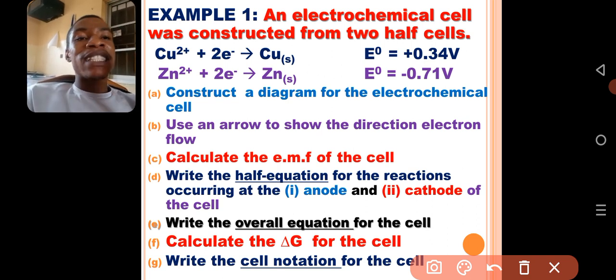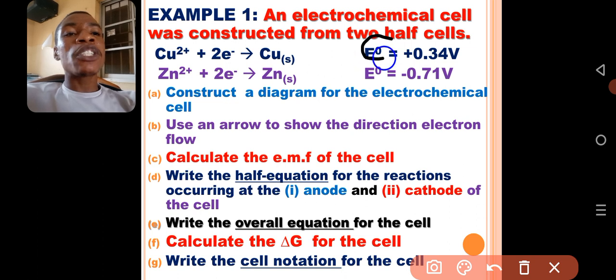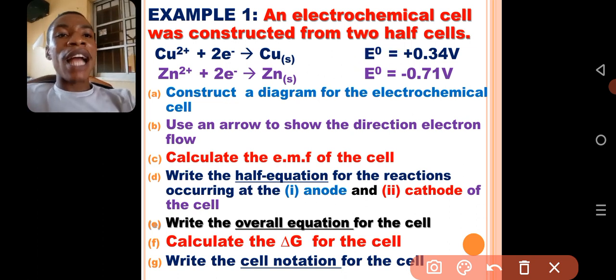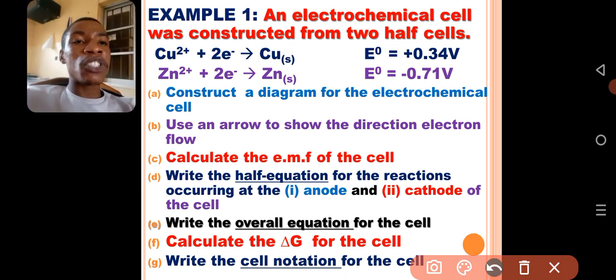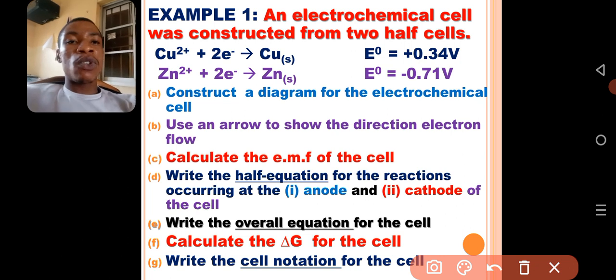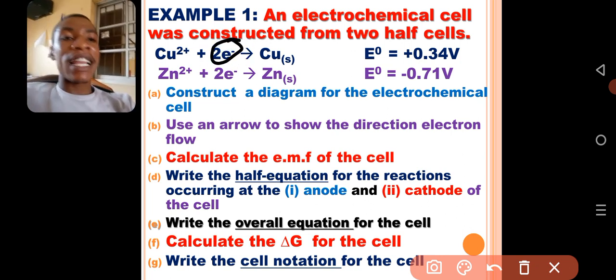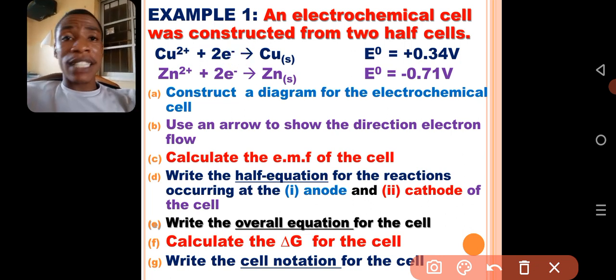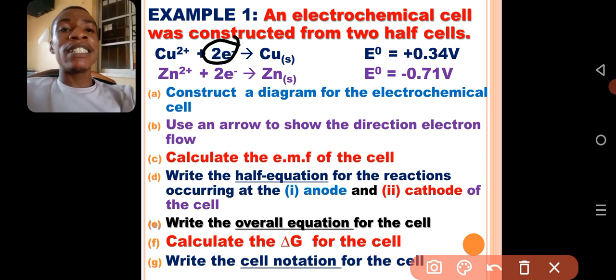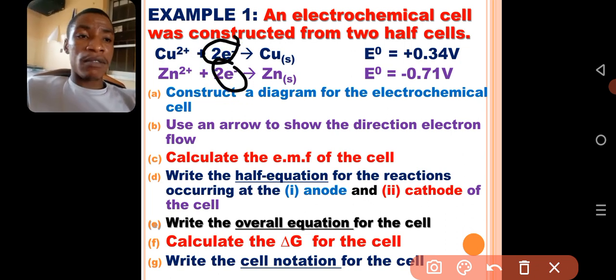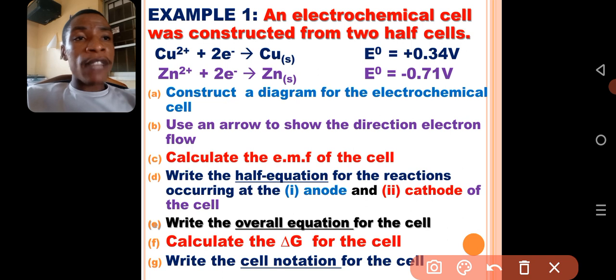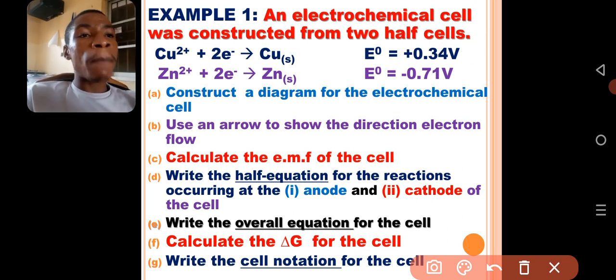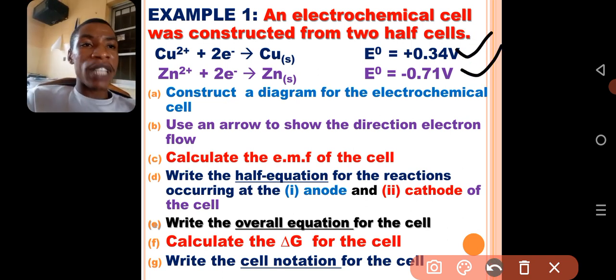Now you will see that the values represent reduction potential, because if you look at the two equations, they are reduction equations. You can see that your electron is on the left side. Whenever your electron is on the left-hand side, it is a reduction half equation. So that's why you know that these values are reduction potentials.